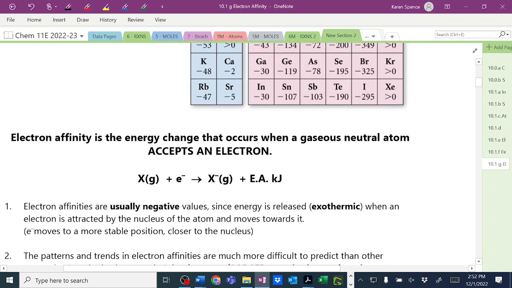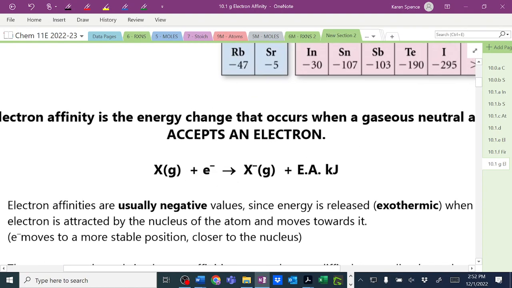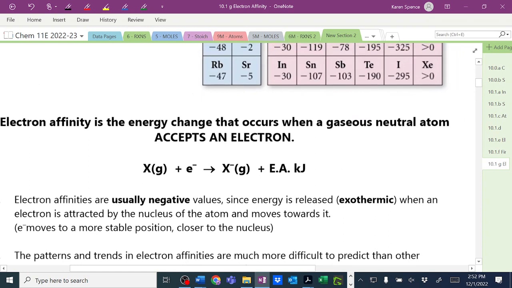the easy part of it is it's almost like the opposite of ionization energy, but not really, because you're not putting an electron into a positive ion, you're putting an electron into a neutral atom. In general, these are going to be negative values because electrons like, ooh, look, nucleus, I want to get closer to that.